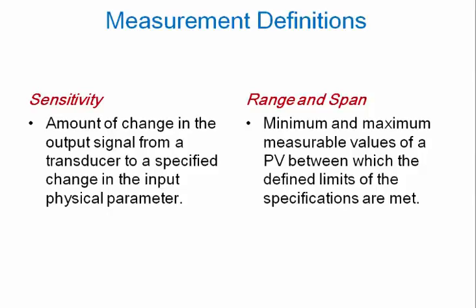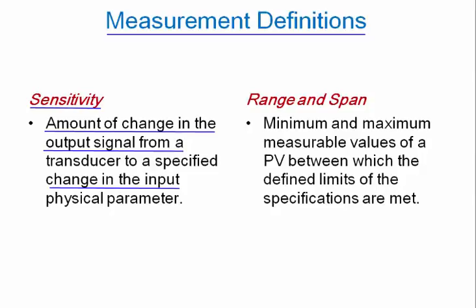A few measurement definitions, and let's begin by explaining the concept of sensitivity in measurement. Sensitivity is defined as the amount of change in the output signal from a transducer to a specified change in the input caused by a physical parameter.